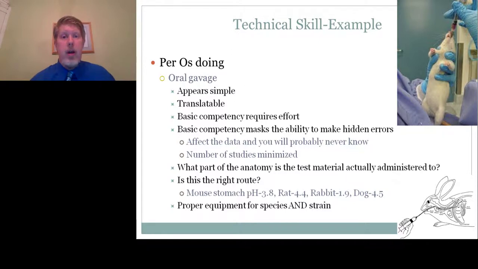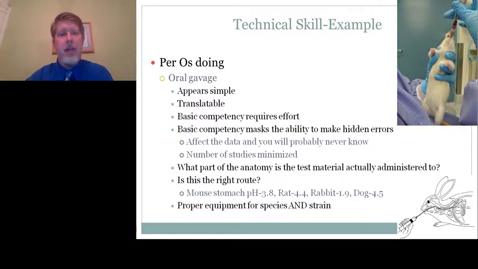And also, in many cases, because there is a high level of technical skill needed, because there is an expense, and it's not just the expense of the lab animals that we're going to work on, there's the facilities around them and the people to care for them and all the rest of these components. So what ends up happening is you try and do as few studies as possible.